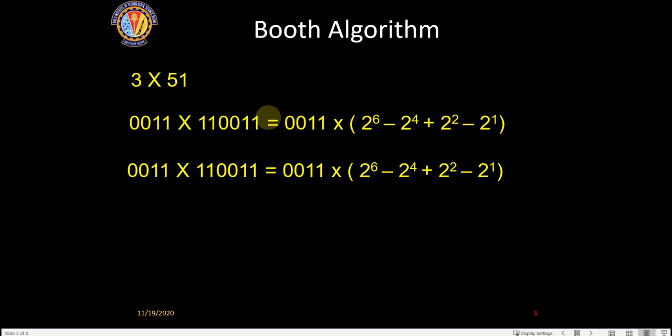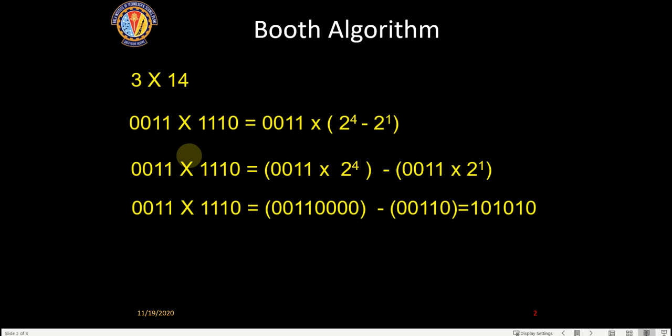So 1 to 0, we'll put a 0 here in the algorithm. So 1 to 0 will make it 2 to the power of minus 1. So this is the normal multiplication. If you try to do this in this case also, the first one is a 1, so you have put 2 to the power of 4.